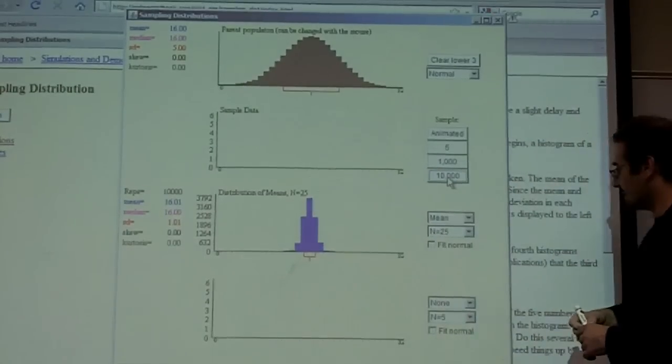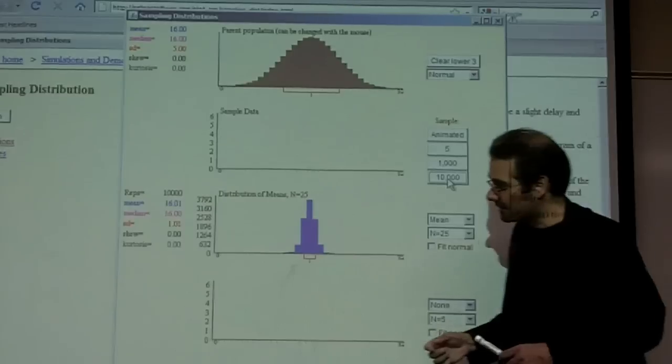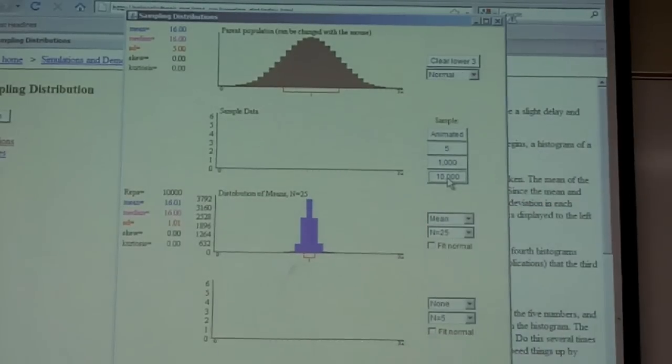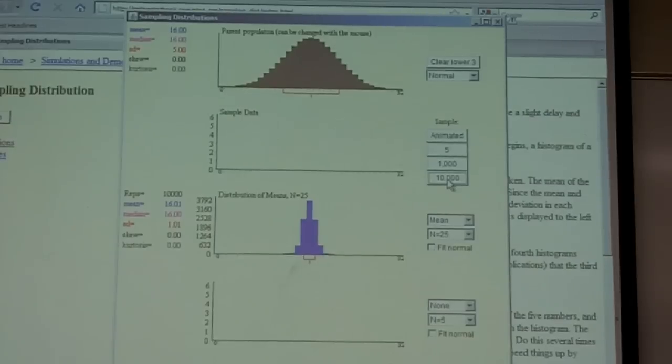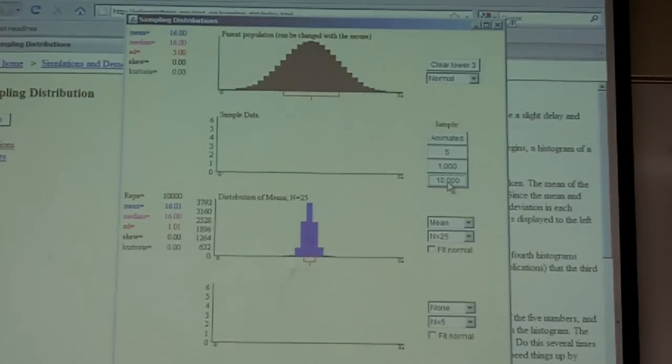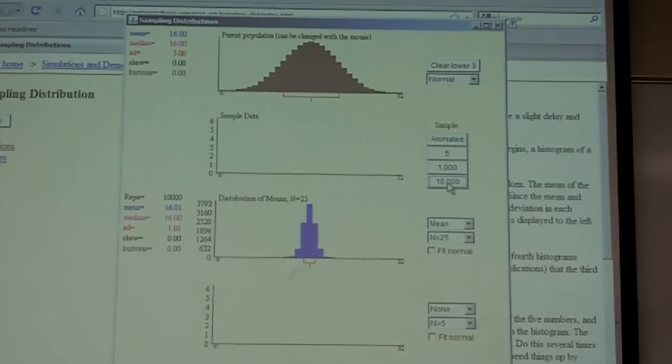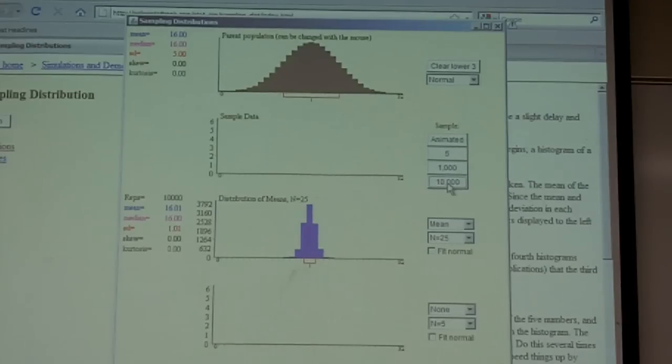So let me write this down. I'm going to write it here, although it's outside. So pop SD squared m, the variance of the sampling distribution, that small m means sampling distribution, is equal to pop SD squared over n.